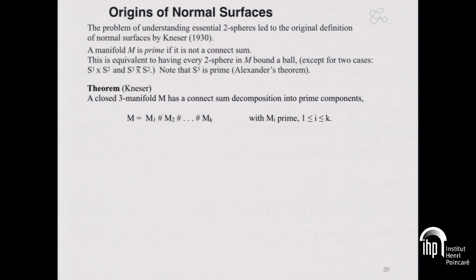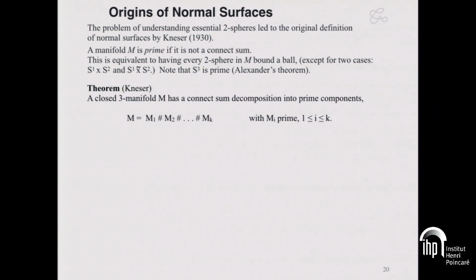So Kneser showed that you always have a finite decomposition. There's a maximal number of prime pieces that any compact 3-manifold can be cut into. A prime 3-manifold is one that can't be cut into any pieces. And so this means lots of 3-manifolds are prime.